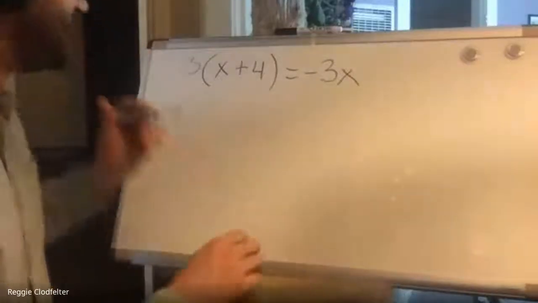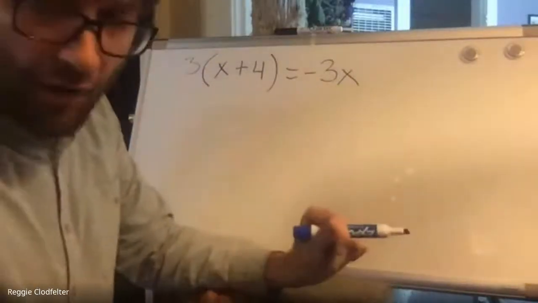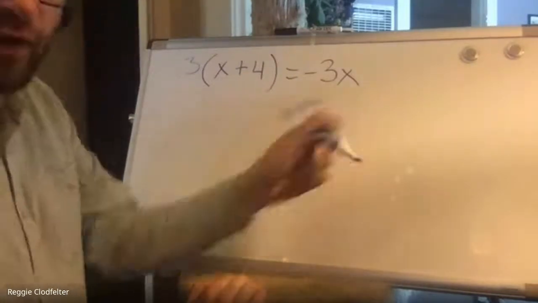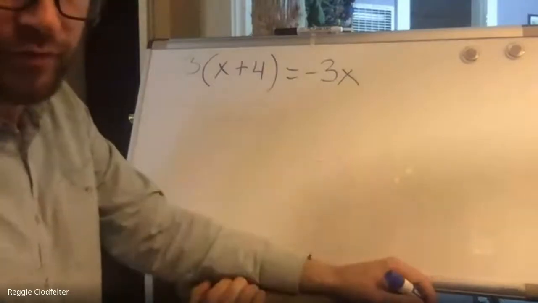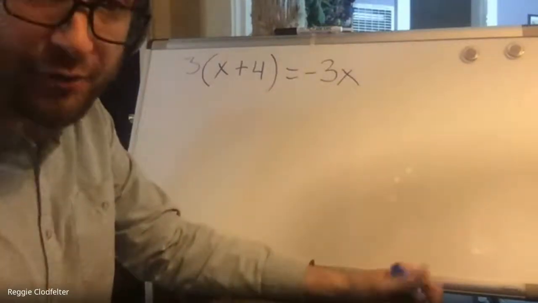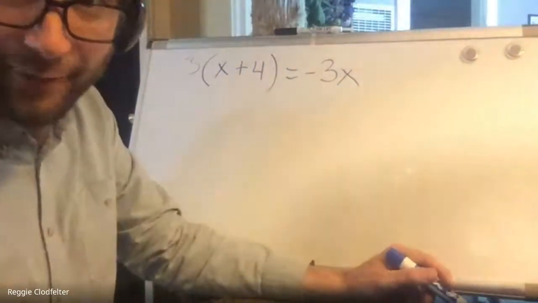Thank you, guys. So there is more than one way to solve equations for a variable. And there's not really a right way. There's ways that seem to make more sense.